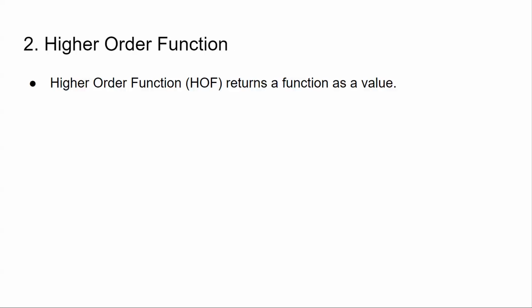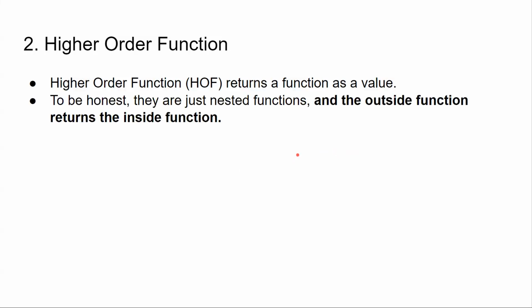So a higher order function returns a function as a value. To be honest, they are just nested functions, which means there's a function and there's another function inside the function, and the outside function, once it gets called, returns the inside function to where the outer function is called. So let's see an example.